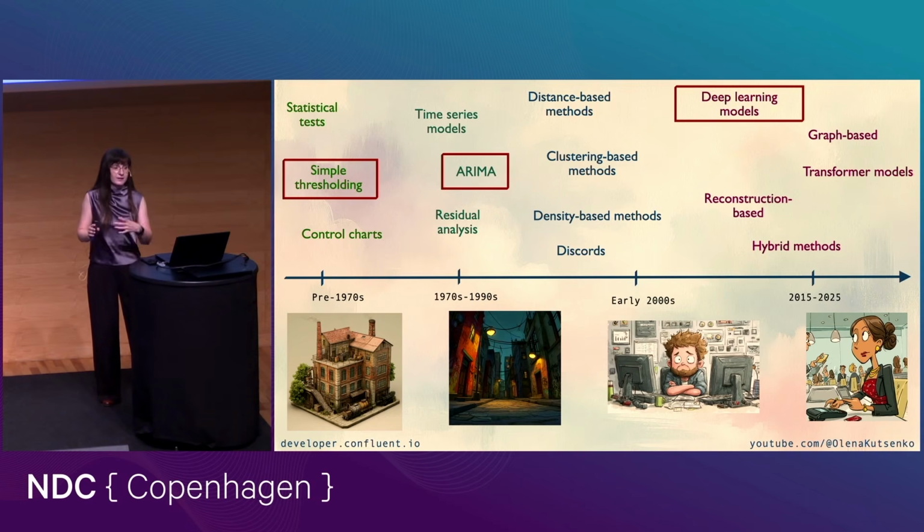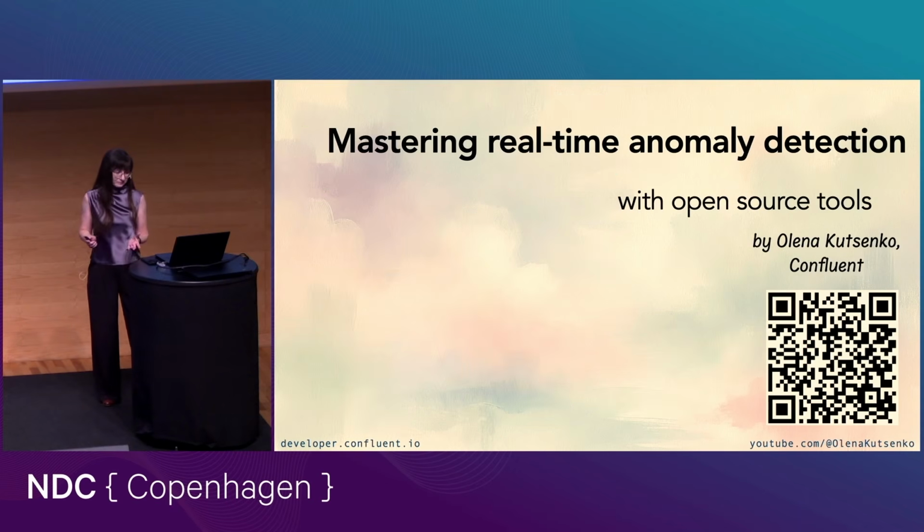Then for forecasting, for maybe logs or network issues, you might want to use ARIMA. And then for more complex situations, I see that our data streaming platform is used in combination with AI and ML. And actually, when we use ARIMA, behind the scenes we also use extra ML features on top of it. So that's the story from me.